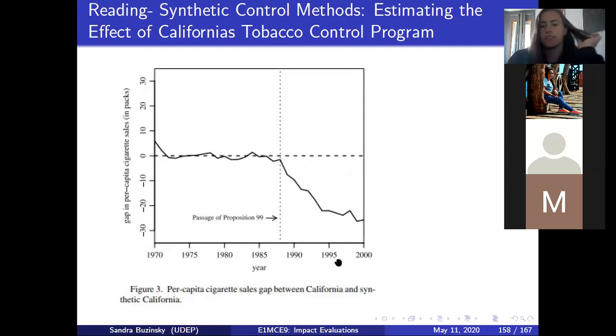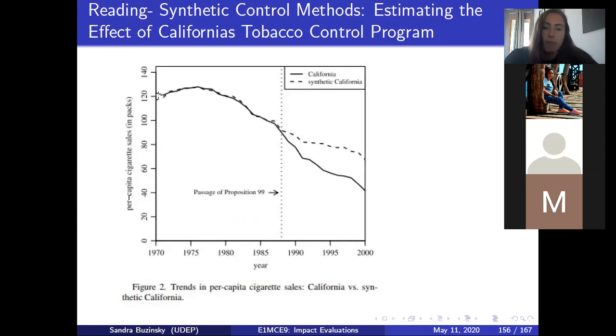Okay. And then this is just the difference between the two, but they're just making it 0. So this 0 is the trend of the control group. So they're just normalizing the difference, or showing you the line that is the difference between the two, right? So remember 1970, we saw there was this gap here.